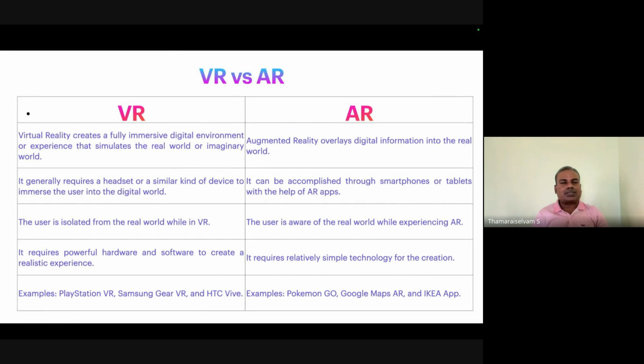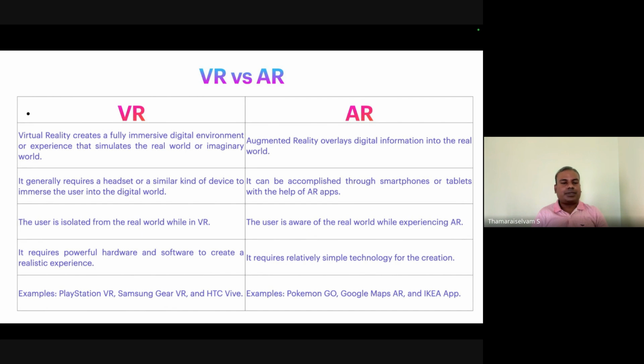The user is isolated from the real world in virtual reality; there is no connection between the user and the real world. The user is completely immersed in a virtual world, whereas in augmented reality, the user can sense the real world while experiencing the augmented content.